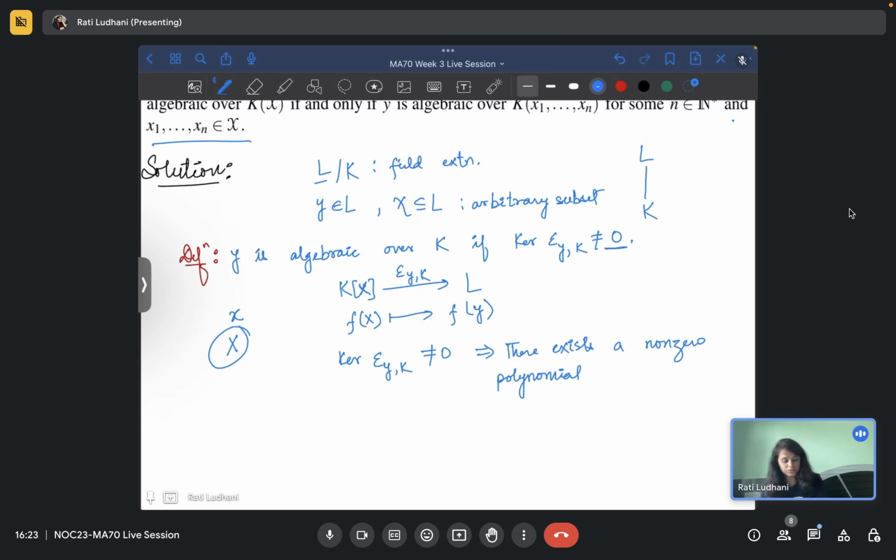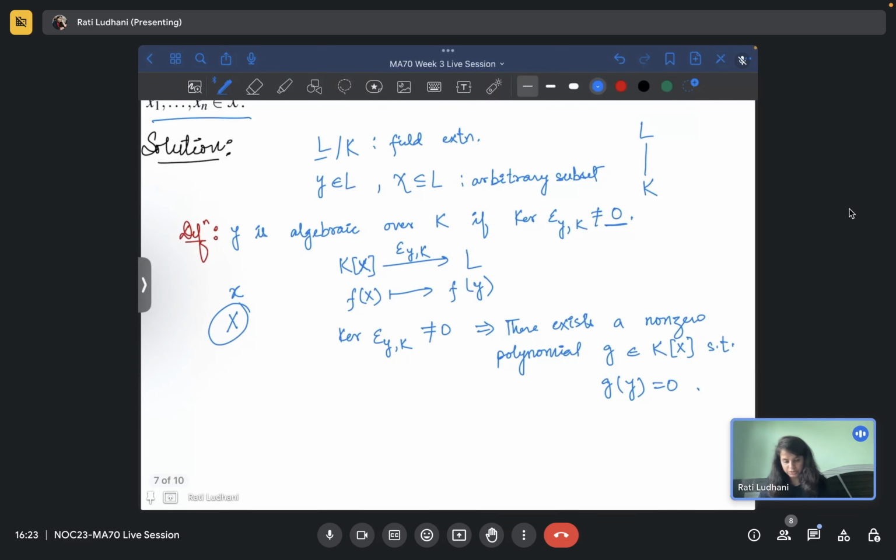So there exists a non-zero polynomial, say g(X) belongs to K[X], here just a general field, such that g(y) is equal to 0. These are equivalent things. We talk in the sense of kernel: kernel is non-zero, that is by definition y is algebraic over K.